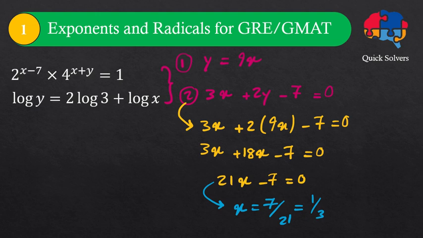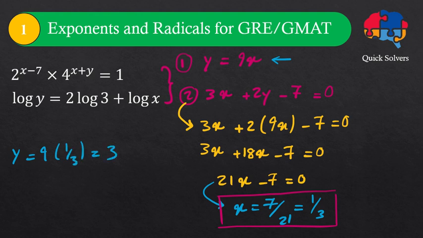This is what we were looking for. But if you're looking for y, that's easy because you can just replace this x, which is 1 over 3, into this. Then y equals 9 times 1 over 3, which is 3. Sorry, y is 3. And we are done.